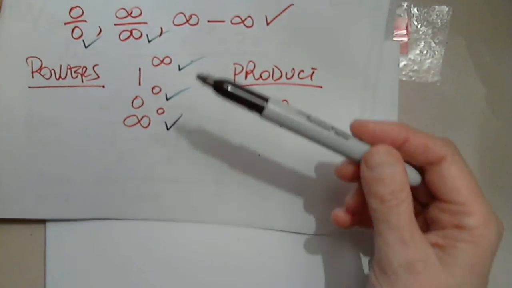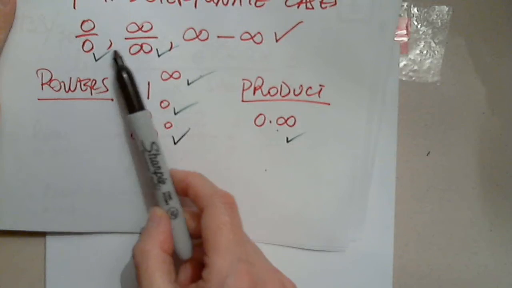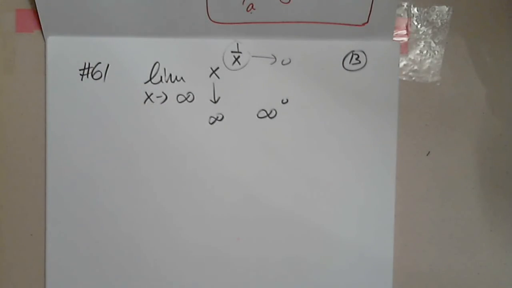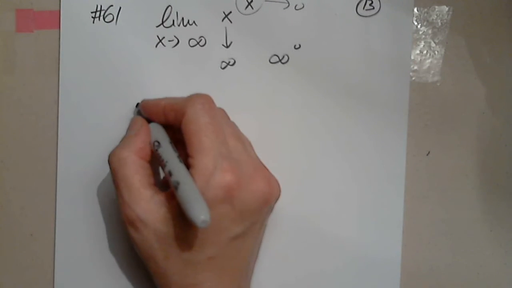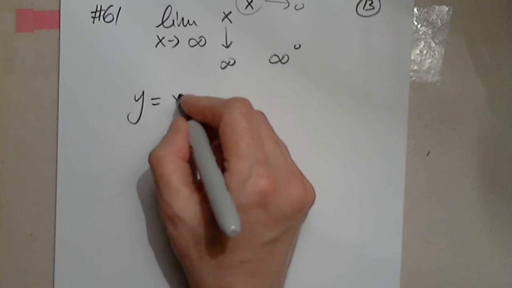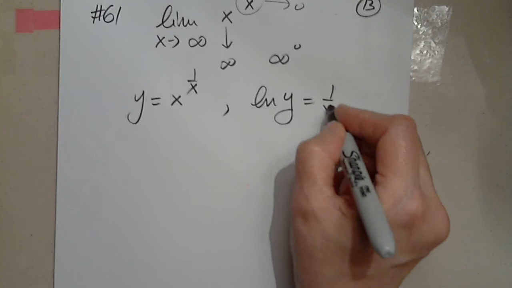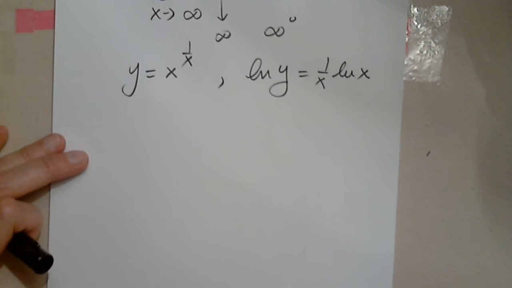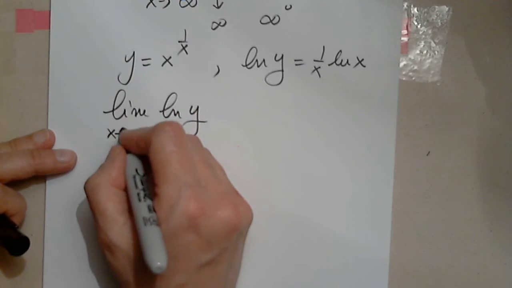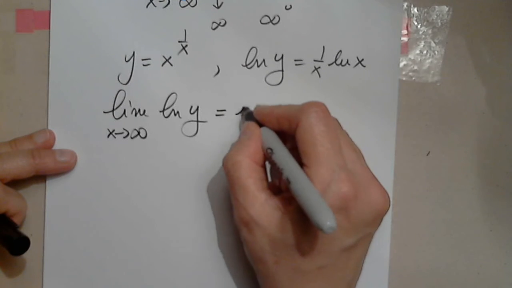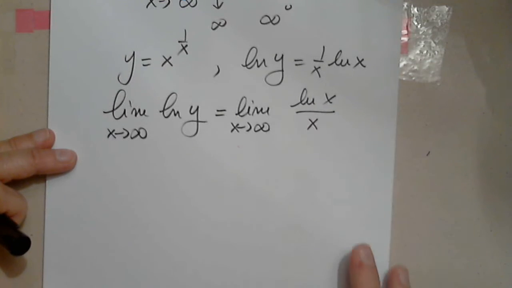So we had examples of all powers, product, the difference which doesn't work, and L'Hopital's rule, 0 over 0, infinity over infinity. So like before, we will denote this by y, so it's x raised to 1 over x. As before, I apply natural log. And then the limit of the natural log when x approaches infinity is the same with the limit as x approaches infinity from natural log x over x.